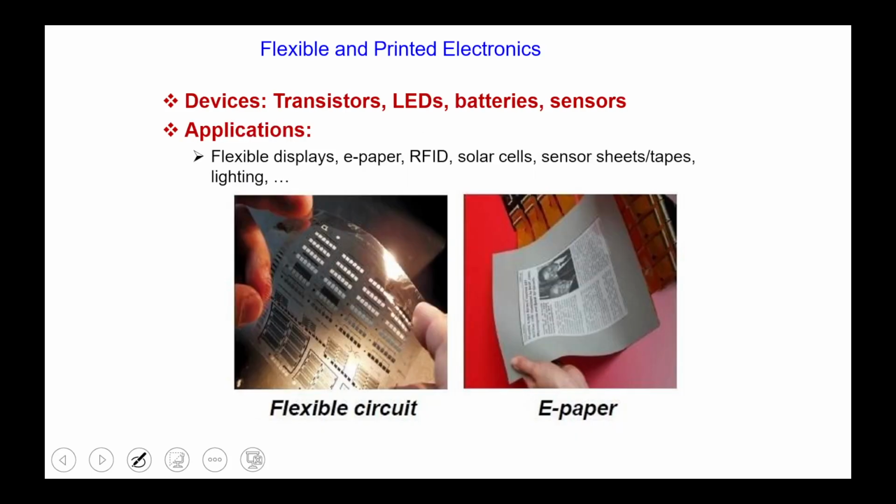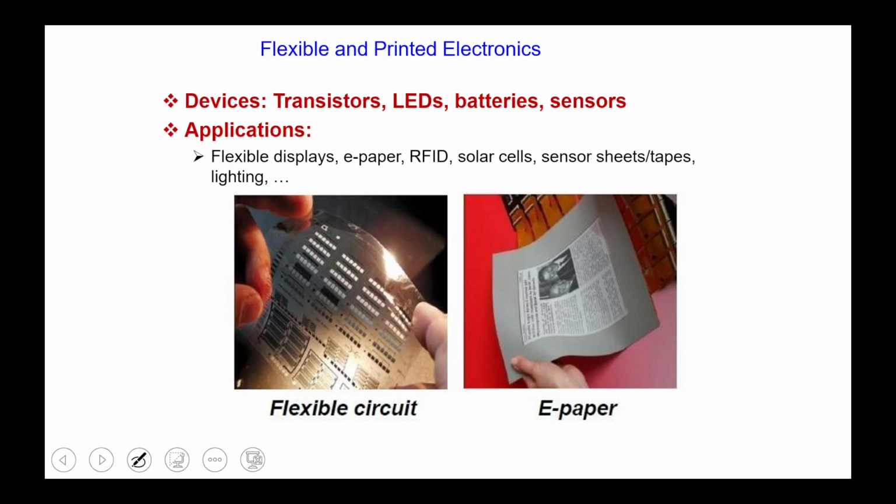So these are the devices: transistor, LED, battery. We can fabricate the transistor, the LED, and the battery and sensor on flexible devices, on polymer, PDMS, plastic sheet, even cloth, paper, whatever flexible thing you can use, you can make the design on.